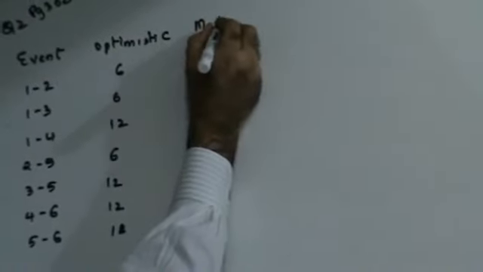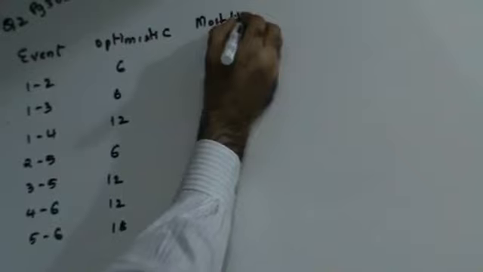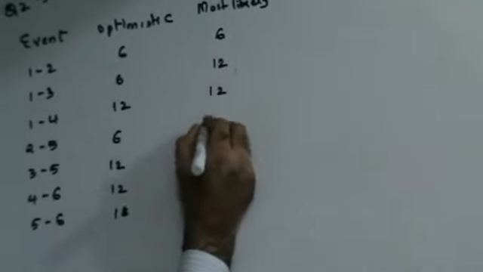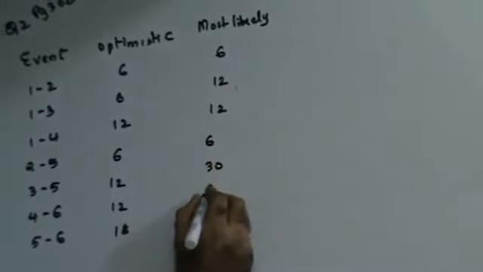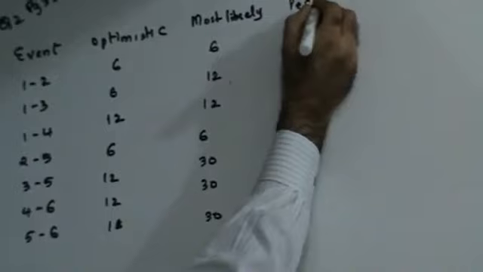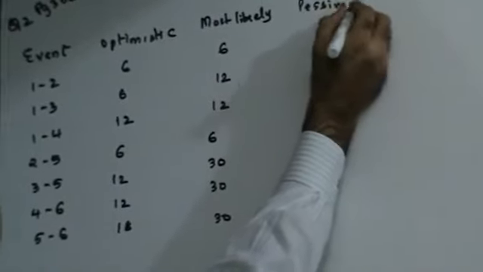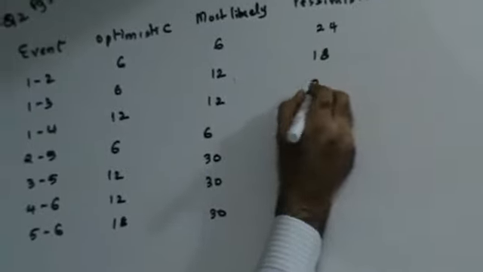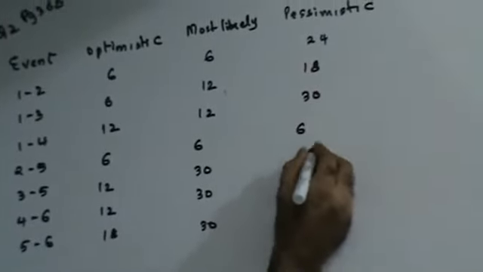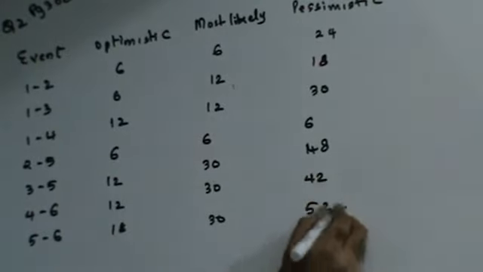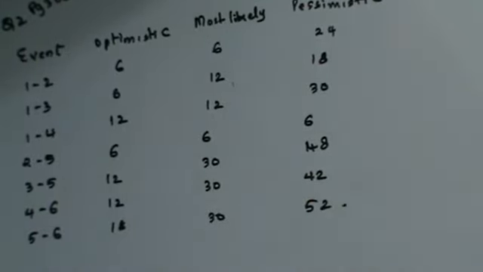Most likely is 6, 12, 12, 6, 30, 30, 30. Pessimistic is 24, 18, 36, 6, 48, 42, 54. Right? Now the first thing that you have to do is make a time estimate table.